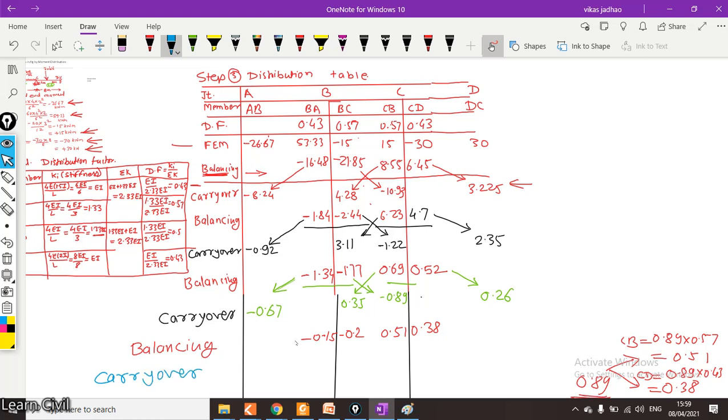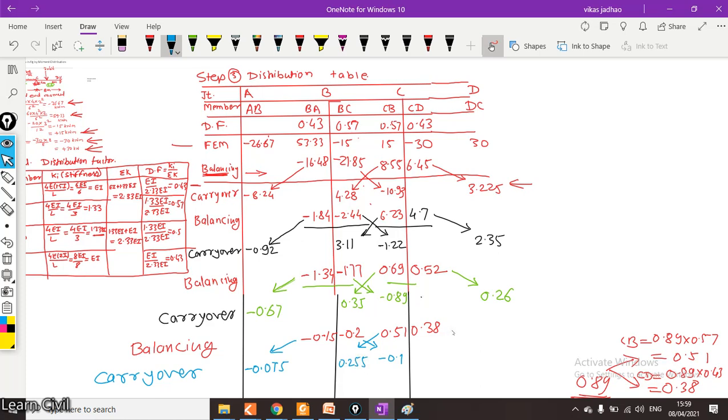So for carryover, what you have to do, you have to transfer half of this moment here. So this will be minus 0.075. Half of this moment will be transferred here, this will be minus 0.1. Half of this moment will be transferred here, so this will be minus 0.255.